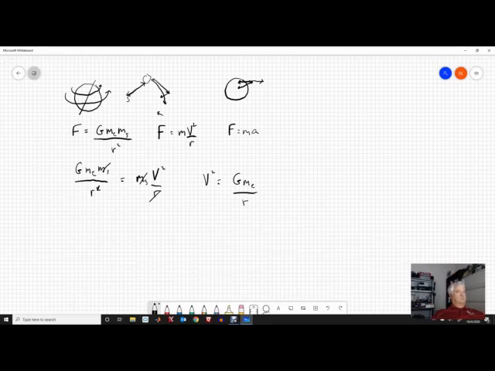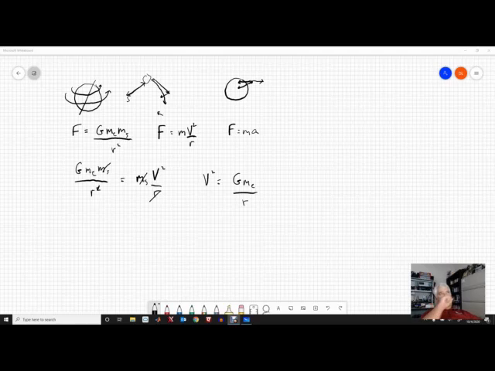So this result shows that if we speed up our orbit, we have to get closer to the Earth, which is an interesting result, because as r decreases this side gets bigger, which would keep this equation in balance. So to stay in a stationary orbit, if we want to go faster, we have to get closer.